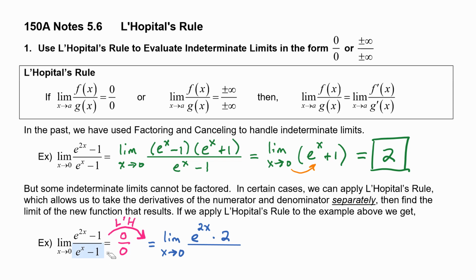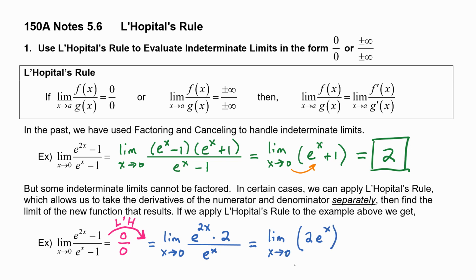The derivative of the denominator would just be e to the x. Now we can simplify this because we have two exponentials with like bases. So this becomes limit as x approaches 0, e to the 2x over e to the x is just e to the x. So this is 2e to the x.